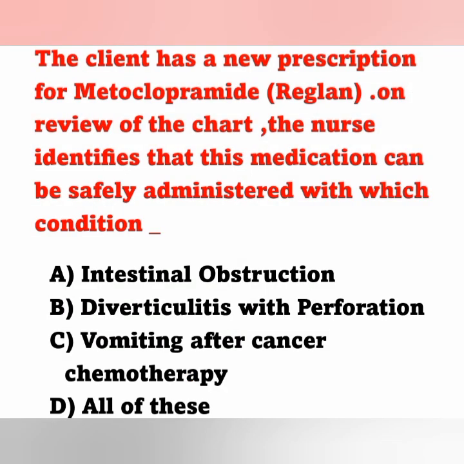And the next question, the client has a new prescription for metoclopramide. It's Reglan. On review of the chart, the nurse identifies that this medication can be safely administered with which condition? Options: option A intestinal obstruction, option B diverticulitis with perforation, option C vomiting after cancer chemotherapy, option D all of this.